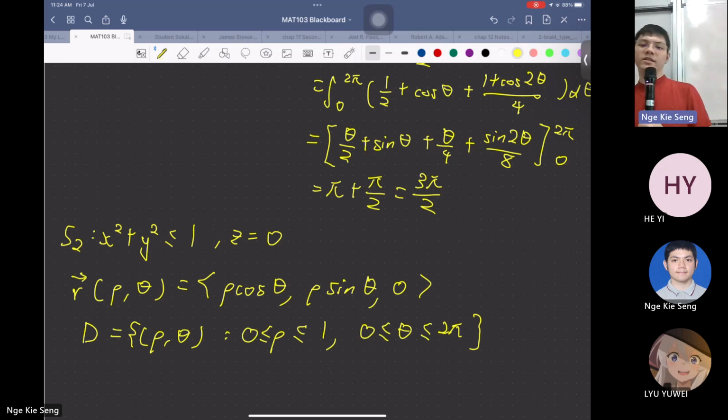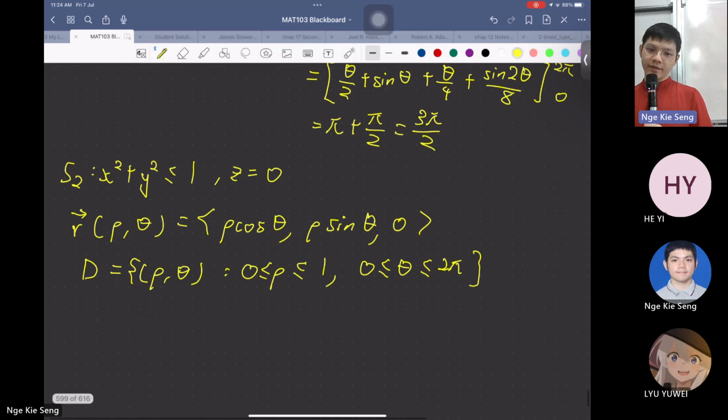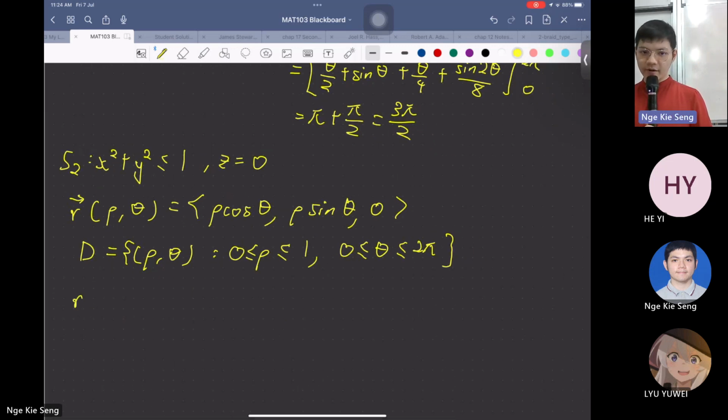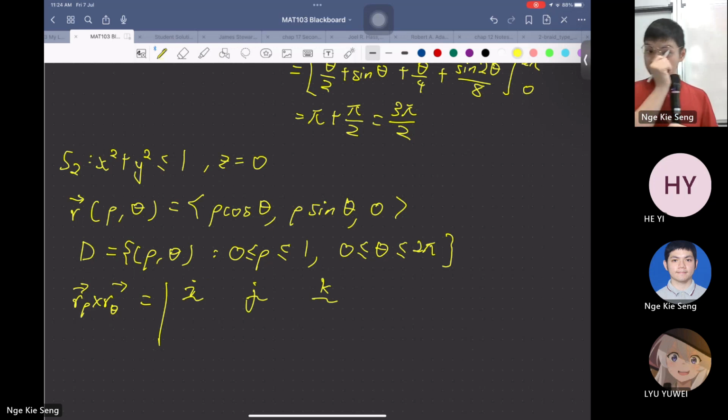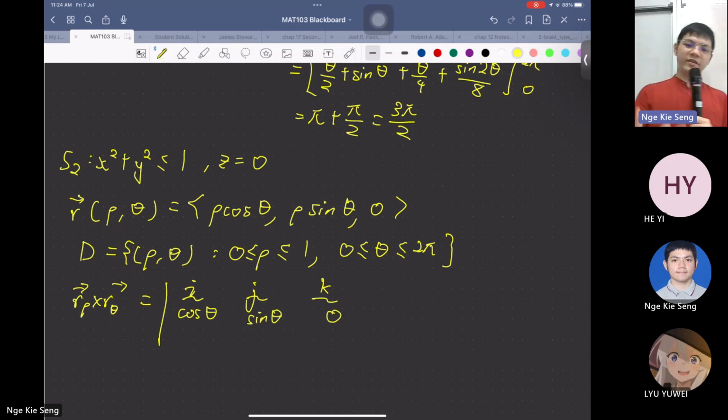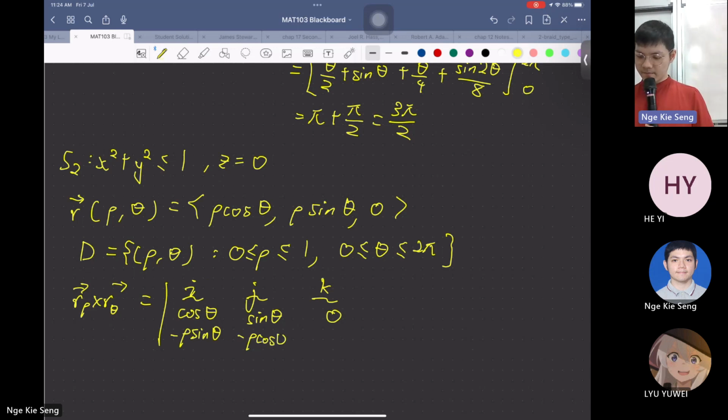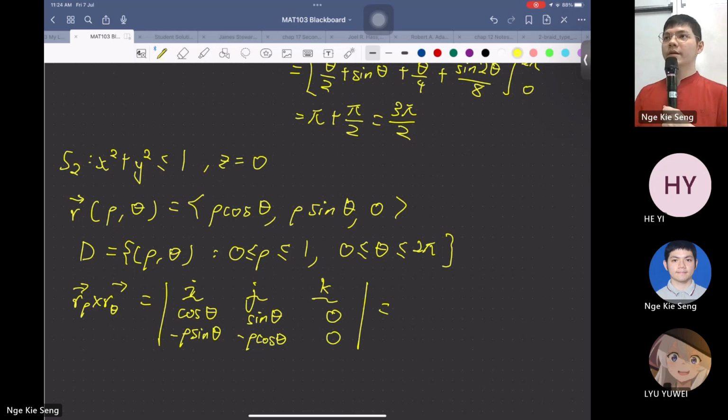Similarly here, we also need to get the Jacobian. What's the area of the parallelogram? If you differentiate with respect to rho, what you get is cos theta, sin theta, and 0. If you differentiate with respect to theta, you get minus rho sin theta, rho cos theta.